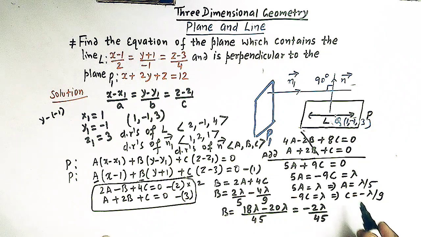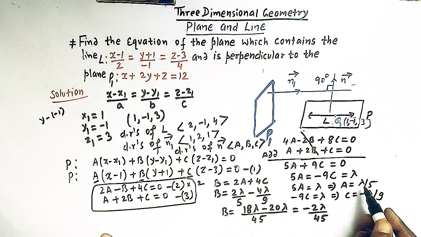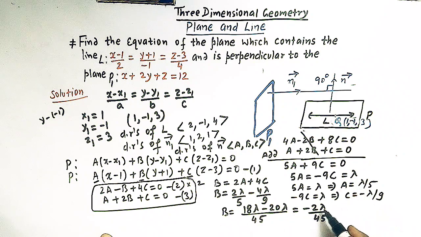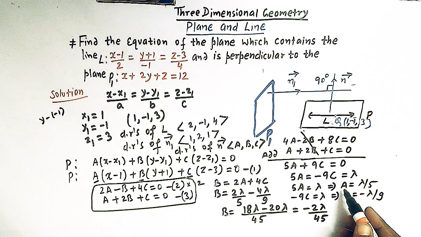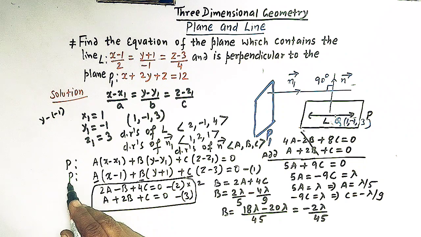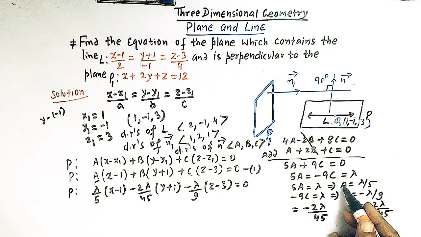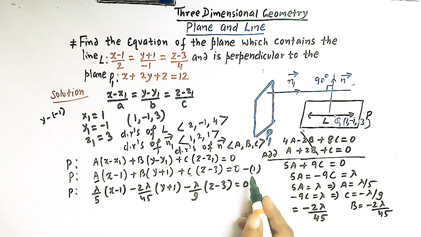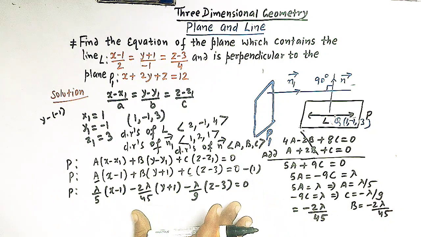So viewers, the values of A, B and C are now obtained in terms of lambda, and this lambda is some scalar or real number. Let us substitute the values of A, B and C in equation number 1 to get the equation of the plane P. Substituting A, B, C in equation 1, we have this equation.